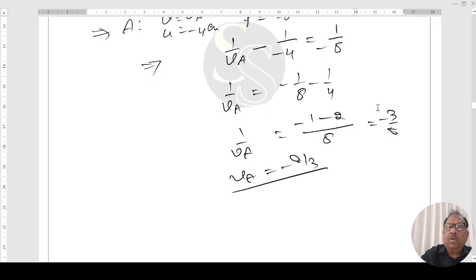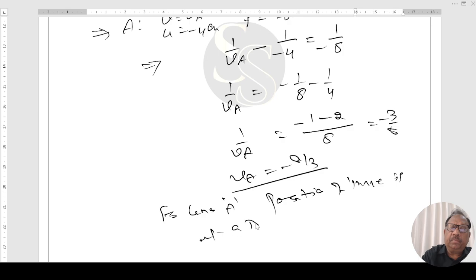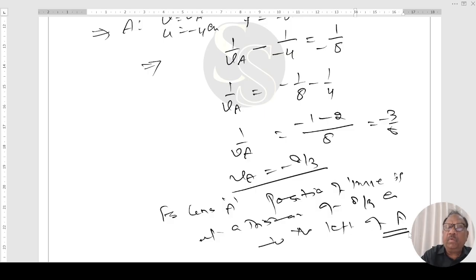Means for lens A, the position of the image is at a distance of 8 by 3 centimeter to the left of A. Now this will behave like an object for lens B.